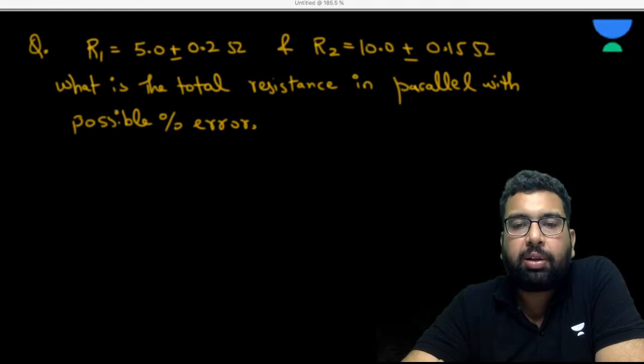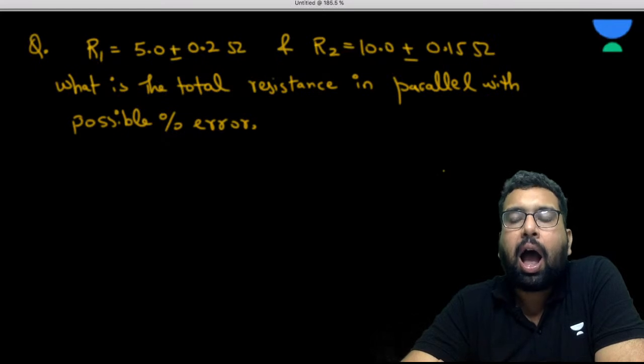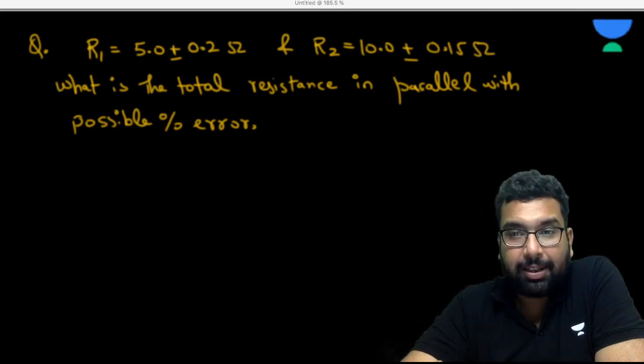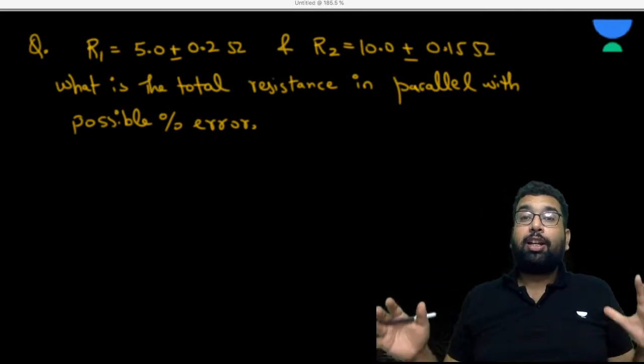Now we are going to arrange R1 and R2 in parallel. We already know resistances can be arranged in parallel or in series. Let's suppose they are arranged in parallel.